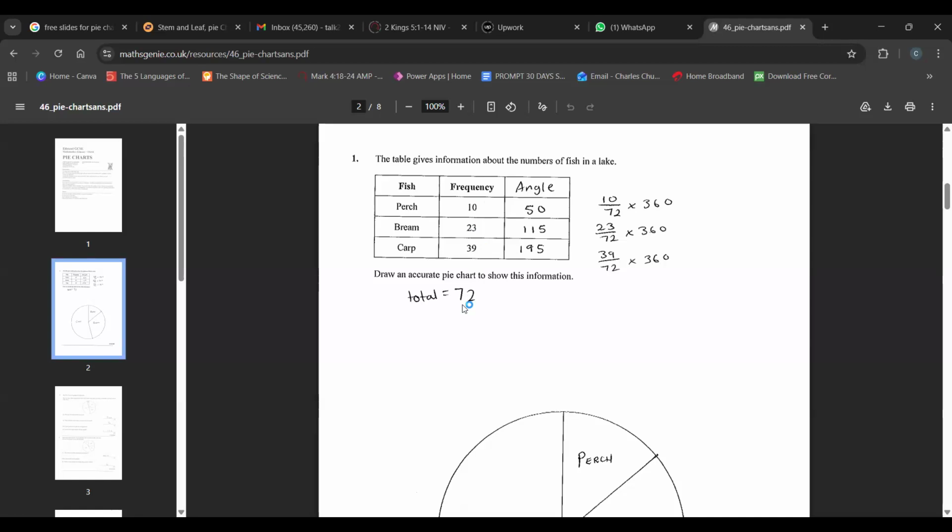Now, the angle is the big deal, right? Can you see what they did here? They took each of the frequencies, divided by the total, and multiplied by 360. It's kind of similar to what we did back there with the 65.